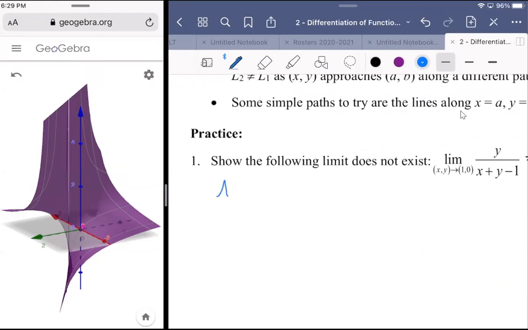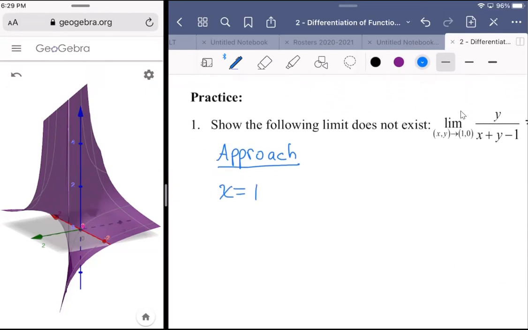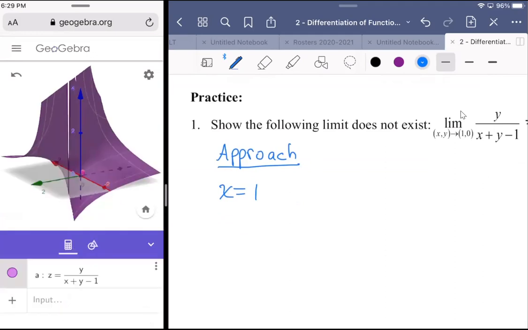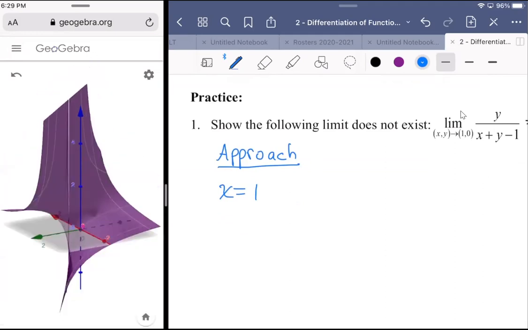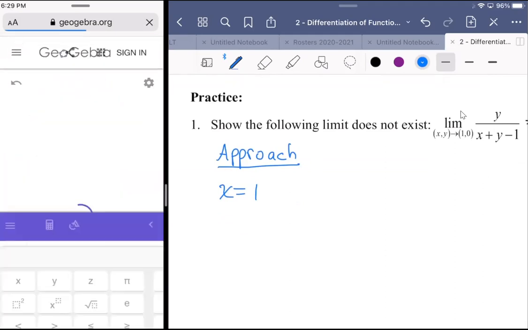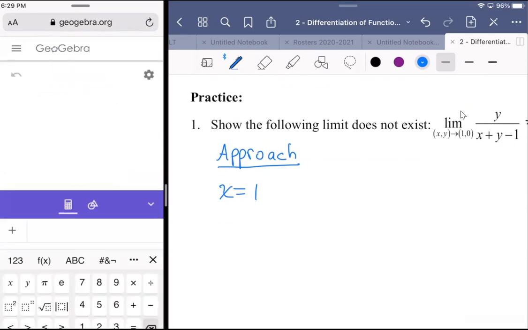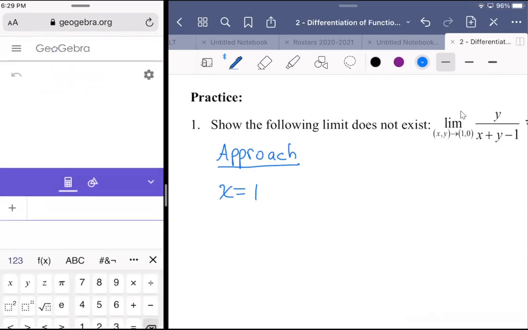So I'm going to approach along the plane x equals 1. All right, and I'll show you what that looks like. I got to refresh here, it looks like. Oh, wonderful. All right. I'll type it in.